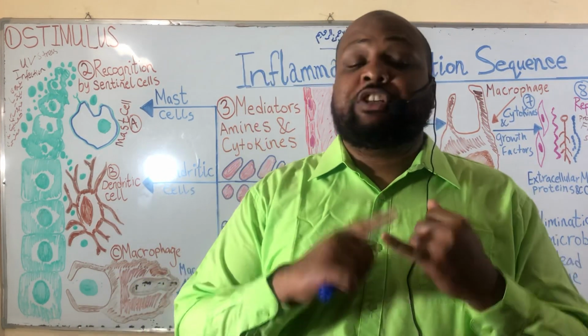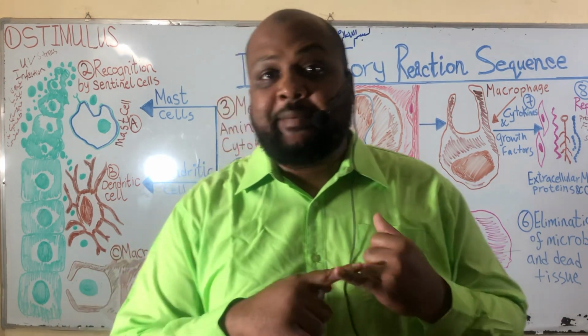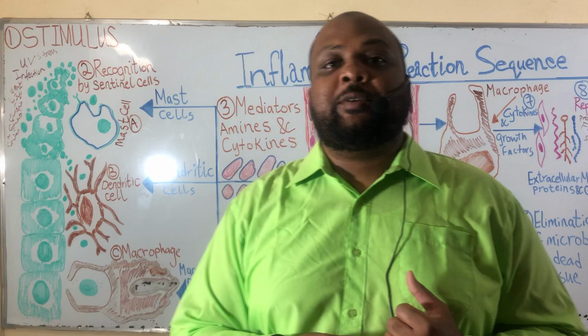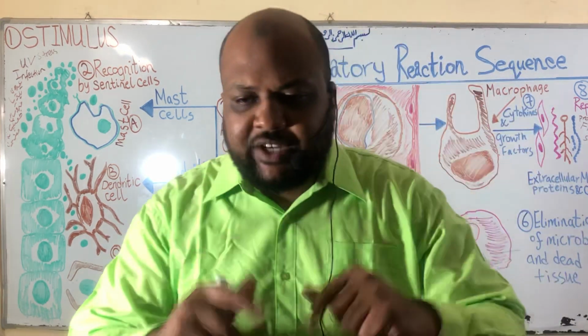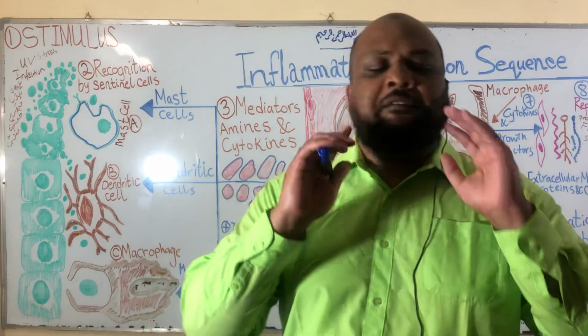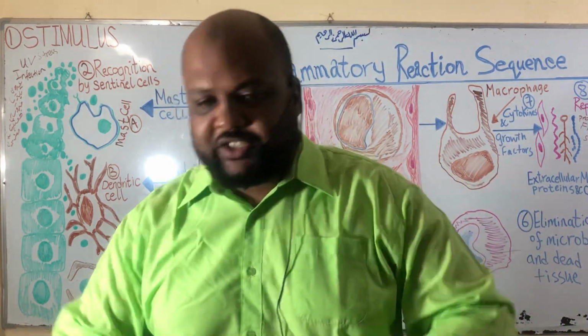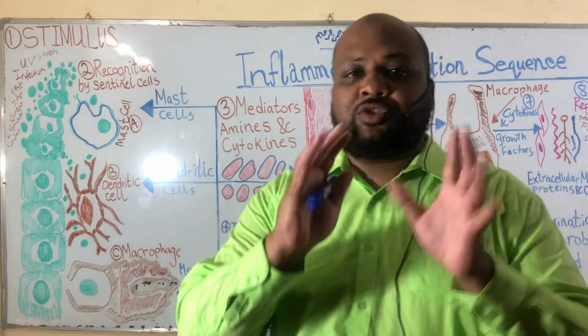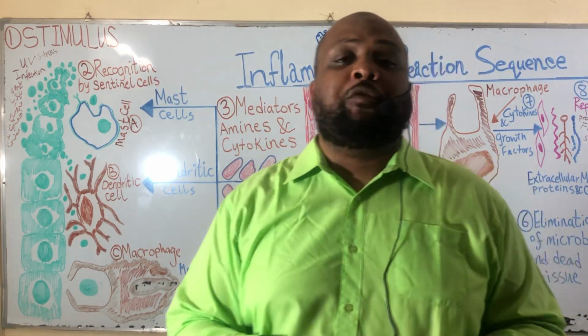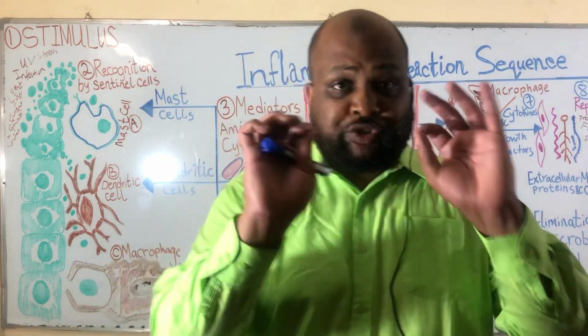That normal cell in the state of homeostasis, in the state of steady state, will be subjected to continuous stressful, noxious stimuli such as ultraviolet radiation, infections, bacterial infection, fungal infection, viral infection, parasitic infection, and so on, and trauma. That is also a form of stress.